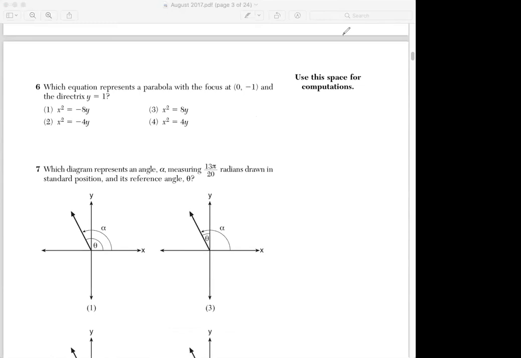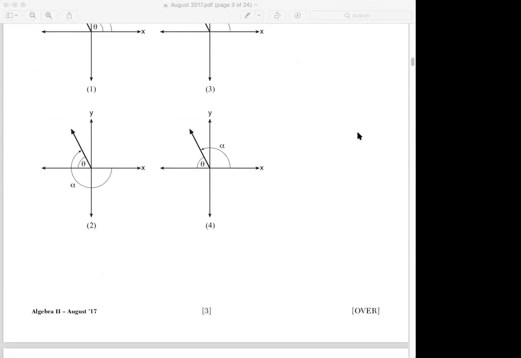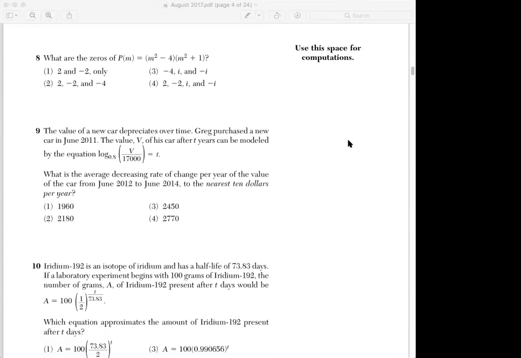Well, what do you know? We can do that, definitely. 7, don't know how to do it. 8, set it equal to 0, and then factor. This is a polynomial. So you set it equal to 0, right? You do the t-chart. We can do that.